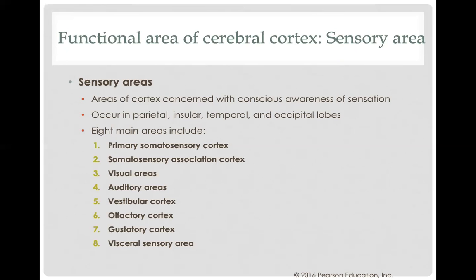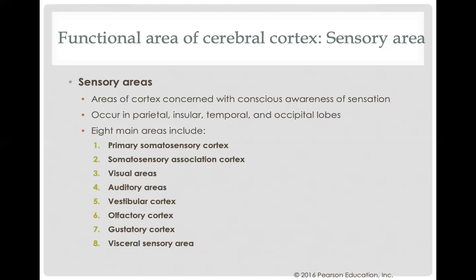Now, there are 8 main areas within your cerebrum, or cerebral cortex, that are associated with the sensory areas. They are known as primary somatosensory cortex, which is the area where you receive information from your sense of touch. You have an area called somatosensory association area, or association cortex, that helps you understand what you're touching.